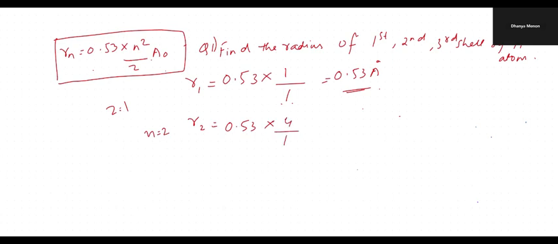Z doesn't change. It's the same atom after all, hydrogen. So whatever value you get, you will express in Armstrong. Third shell, 0.53 times 3 square by 1 equal to whatever value you get, you will express in Armstrong. So if a simple question comes like this, it is the direct application of the formula. Okay, but in case you forget this formula, you can just quickly derive it. It doesn't take much time. Okay, so this is one important question.